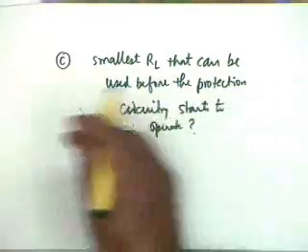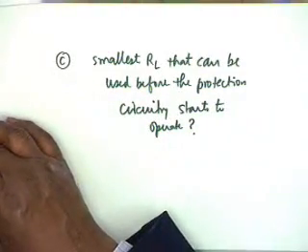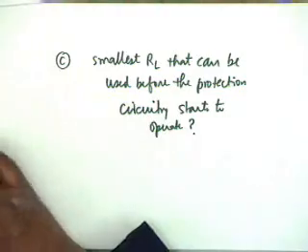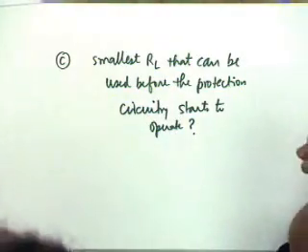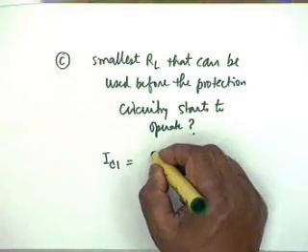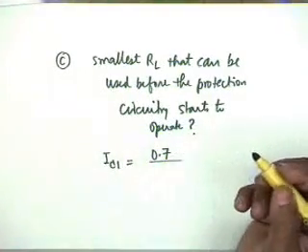Now, how do I attack this problem? To attack this problem, we see that IC1, IC21, that upper transistor, is limited. That is the maximum possible value that IC1 can have, to make Q23 just on, is given by VBE on, that is 0.7, divided by 25 ohms.